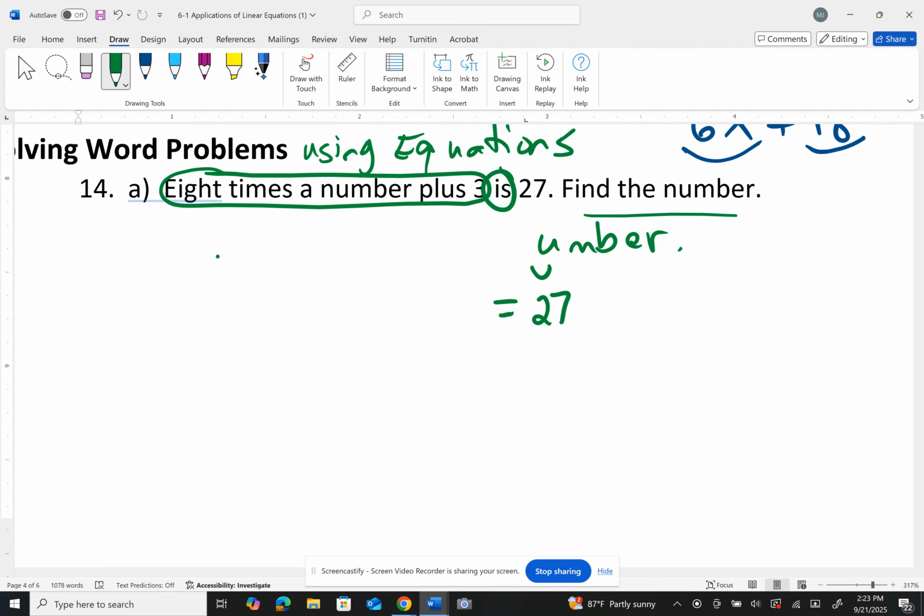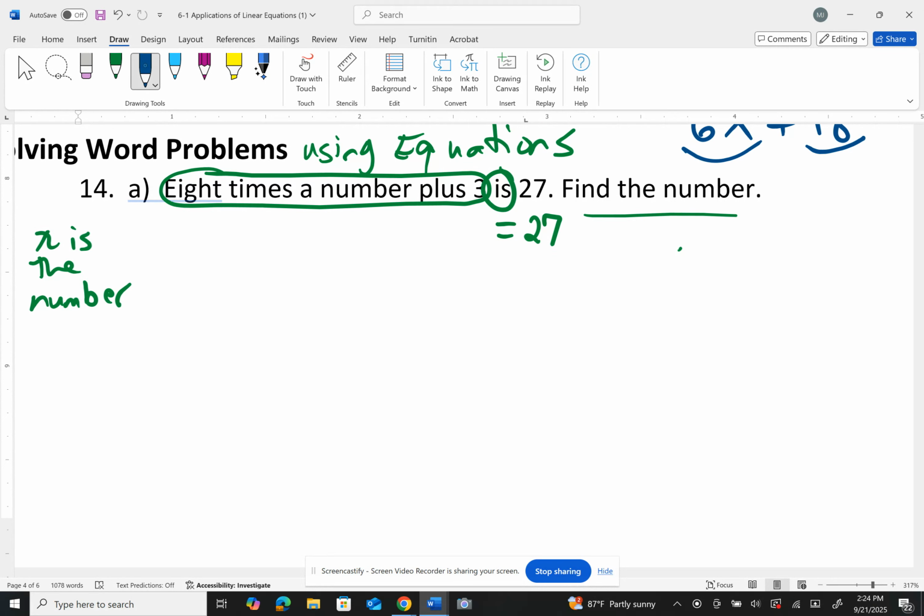So let me get to where I can be closer to that sentence. So I'm going to let x be the number. Okay, so x is the number. Then I'm going to look for the word is, and that's going to be my equal sign. Now in this problem, it turns out to have just a 27 on the right, so let me go ahead and write that down. But now I'm trying to translate the phrase.